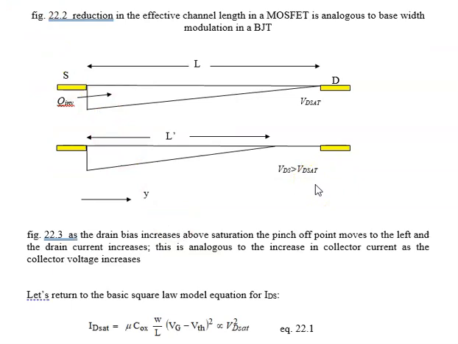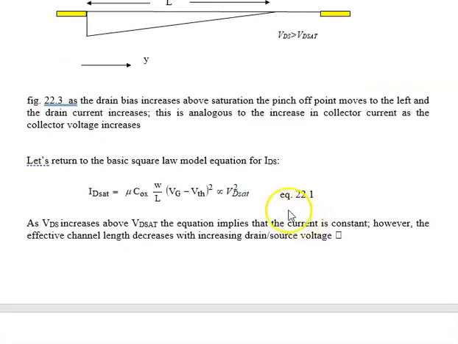So we can see that from a little bit of a different perspective by writing an expression for the ID sat, and of course it's just proportional to VD sat squared, square law, which is not really true, and we'll see why in just a little bit.